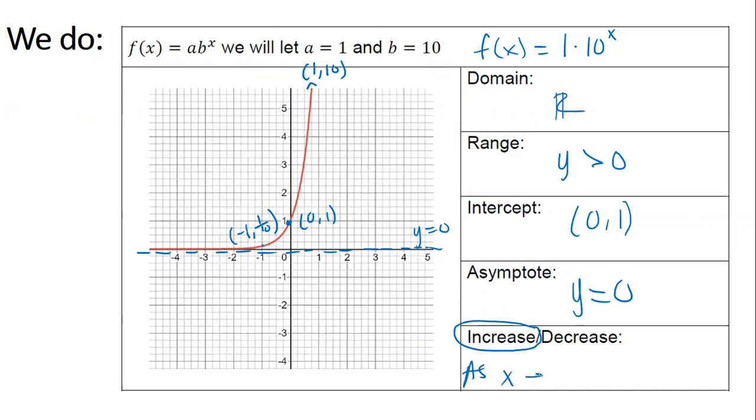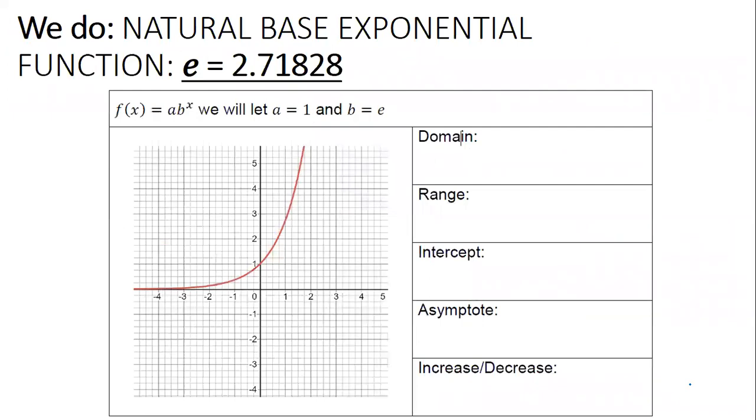So as x goes to positive infinity, our y is going towards positive infinity. Okay, so if I'm in the standard form, and if I'm in my parent function form, and my a equals 1, then I'm going to have these rules, right? I'm going to follow these rules. Okay, let's see how this holds up.